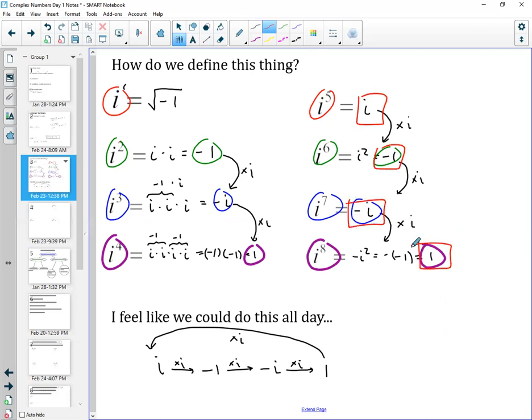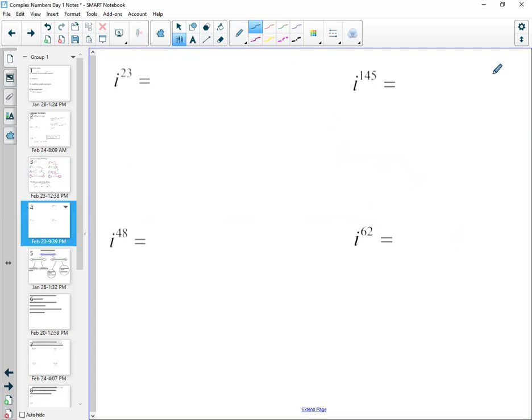You've got to tell me which one it is. Usually the way people do it is they think about when the power is a multiple of 4, it equals 1. Then you just go up or down from there. But knowing that the pattern is i, -1, -i, 1, and these are all the multiples of 4 right here, this bottom.